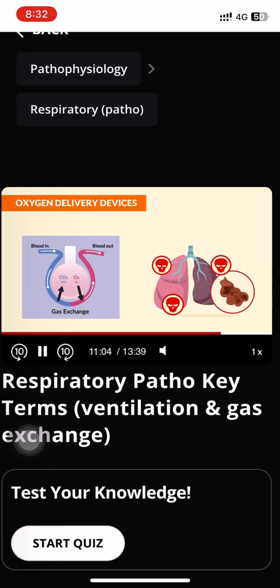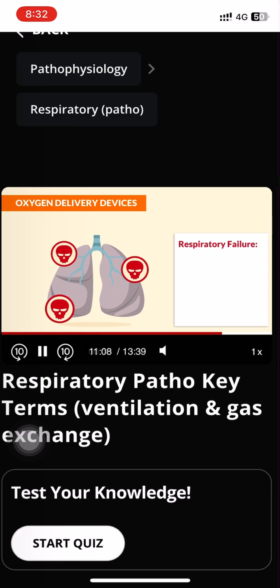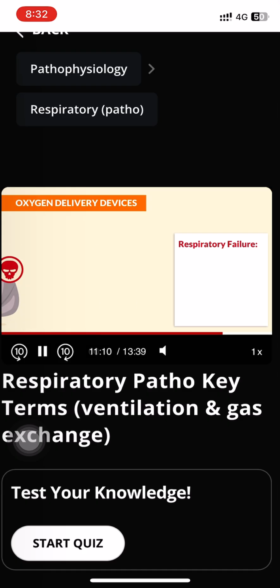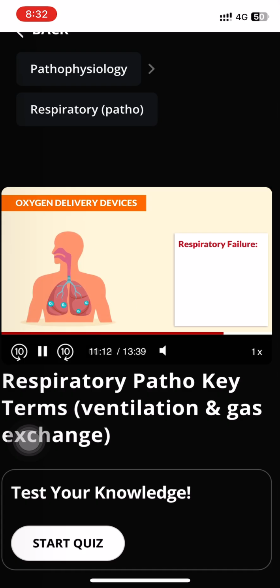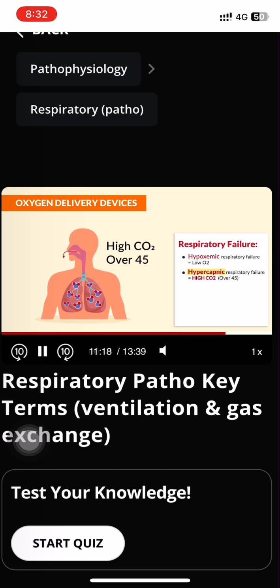in worsening COPD. Now, some key terms that you should know for respiratory failure. We have two types. It's either from low oxygen, called hypoxemic respiratory failure, from that low O2, or from high CO2, called that hypercapnic respiratory failure, over 45 CO2.